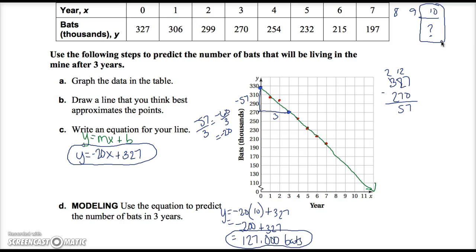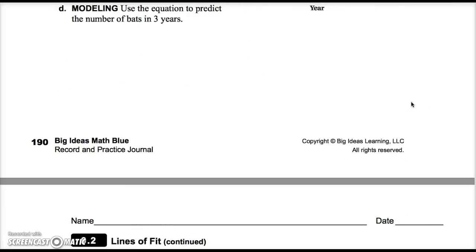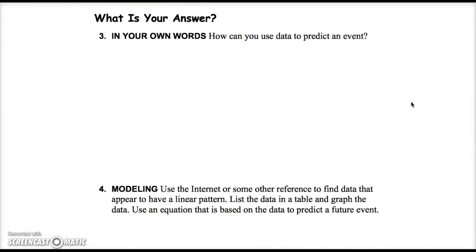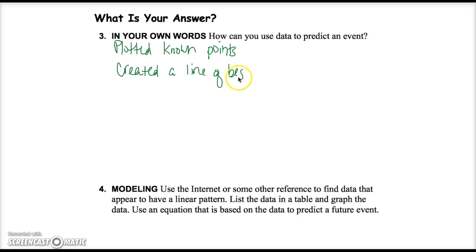Okay, moving on to the next one, over on the next page. Number 3 says, how can you use data to predict an event? Okay, so what we did is we plotted the known points, because we knew those to be true. Then we created a line of best fit, which is what that line is called.